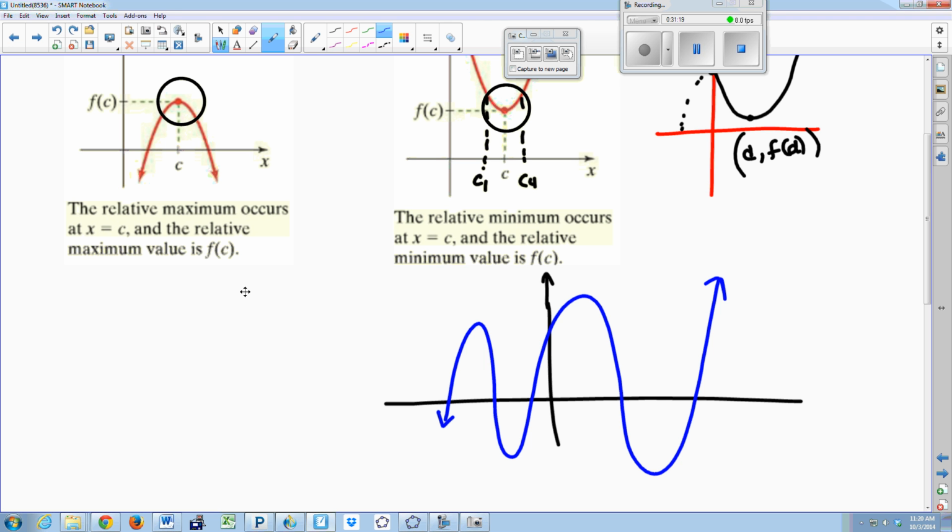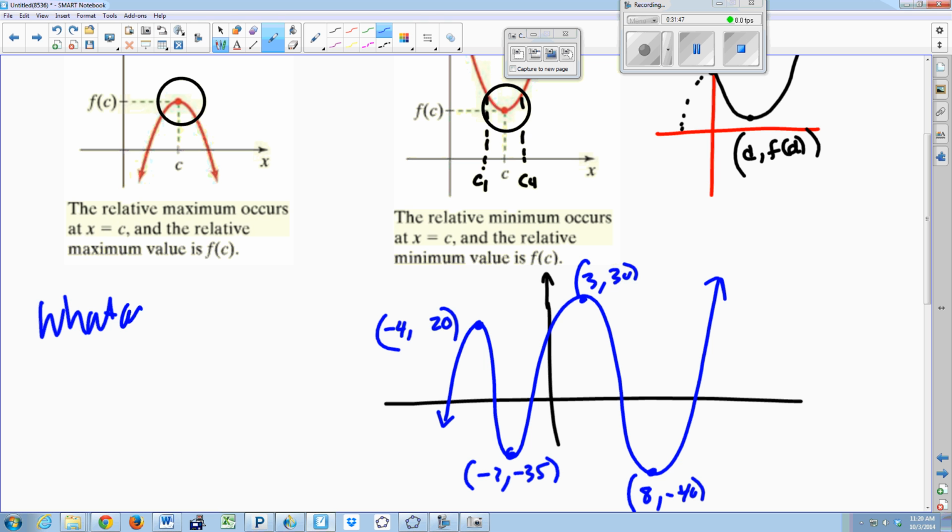So let's suppose I said this point was at (20, -420), and this point was at (3, 30), and this point was at (8, -40), okay? And this point was at (-2, -35), okay? So if I said to you, what are the relative minima values?